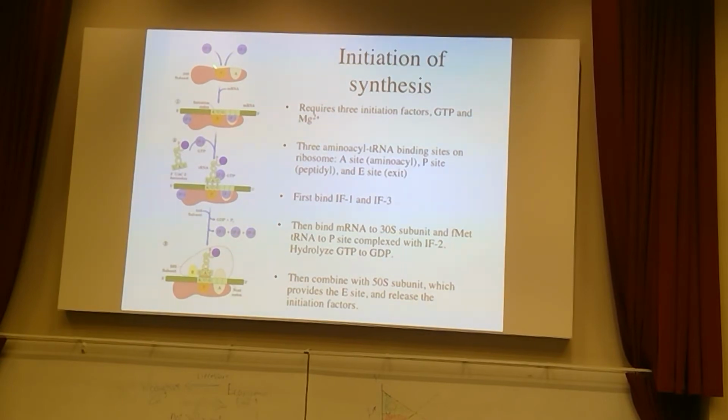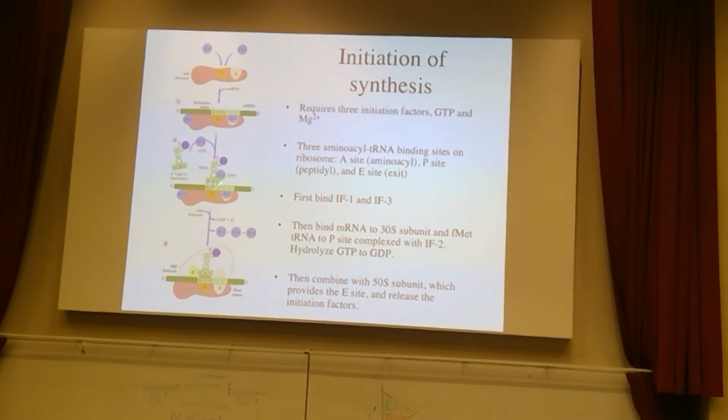We begin with a 30S subunit, a smaller subunit. It binds to 2 initiation factors, IF1 and IF3. IF1 is more associated with the A site. IF3 is a little bit more over towards the exit site. Once those initiation factors are in place, the small subunit can bind onto mRNA and looks for the initiation codon.